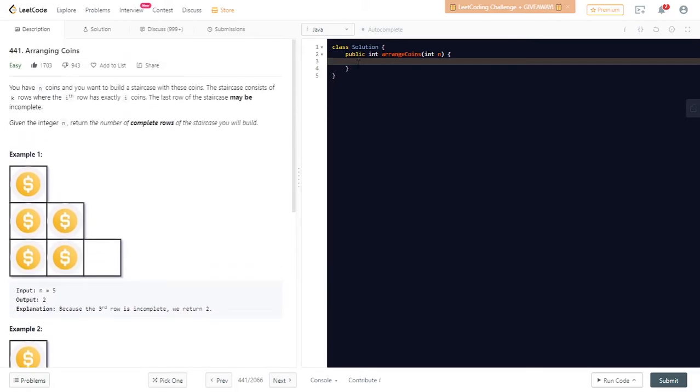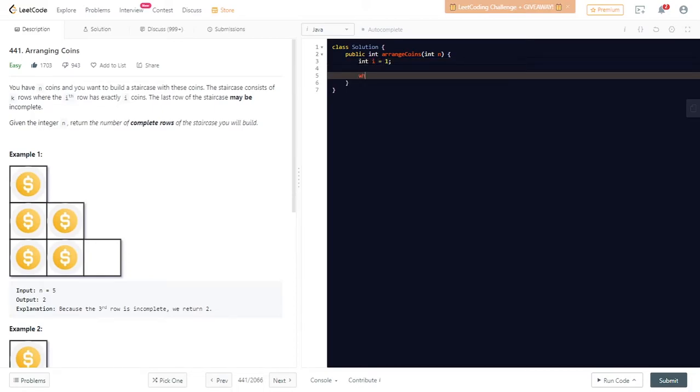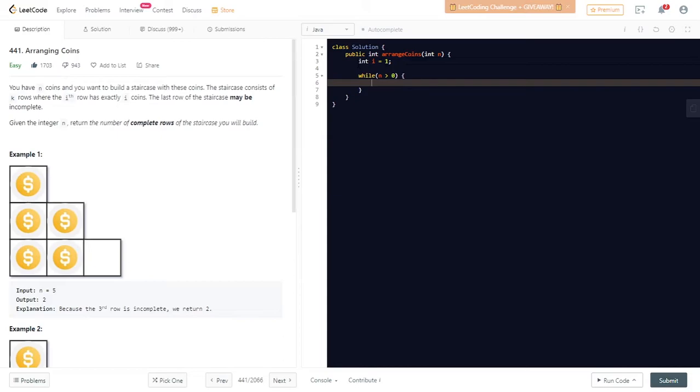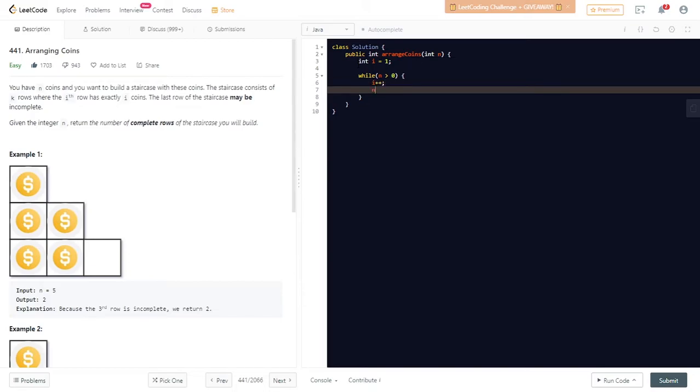So we would be seeing the iterative approach. In the iterative approach, what we will do is fill up the staircase until we have coins in our hand. So n greater than 0, we would be running a while loop until we have coins in our hands, and we fill up the staircase: i plus plus, n equals n minus i.